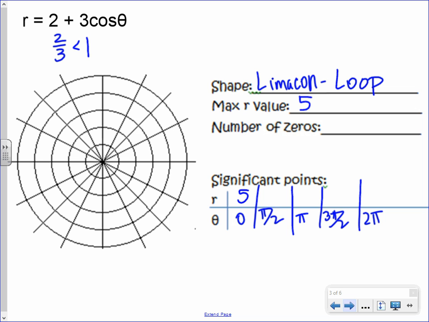So at theta is 0, we're going to go out 5. At pi over 2, what is the cosine of pi over 2? 0. So we have 2 plus 3 times 0. So at pi over 2, we're going to move forward 2.